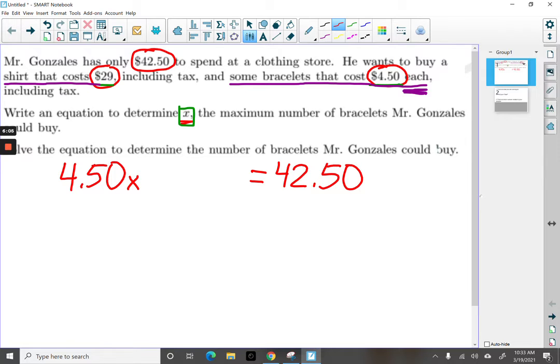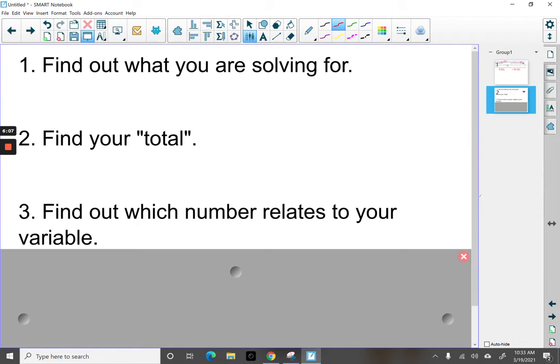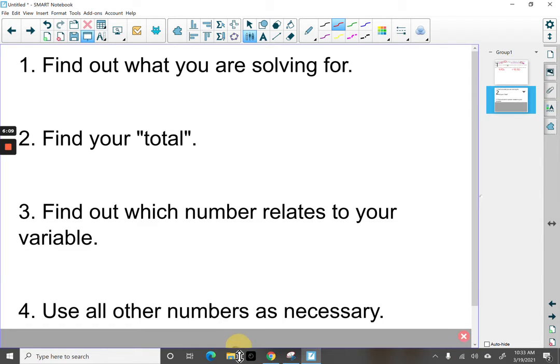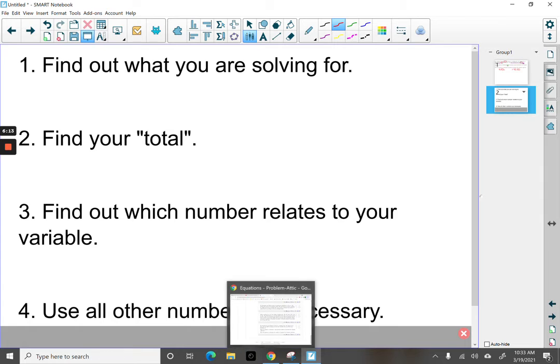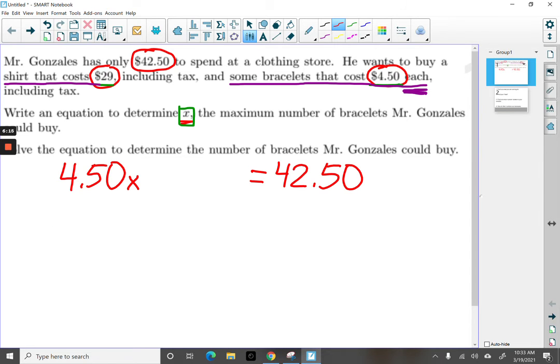We have my fourth step here. Fourth step, use all other numbers as necessary. So we are going to take this problem. Look, we have a 29 here we have not included. Now let's think about this. This $42.50 is going to represent the total in this problem, which means after adding up everything Mr. Gonzalez is going to buy.